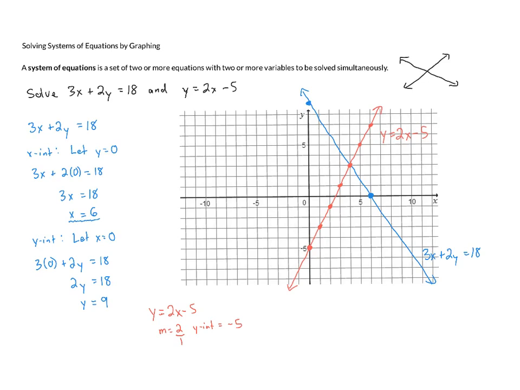All right. So this first graph represents all of the points that are solutions to 3x plus 2y equals 18. This second graph represents all the points that are solutions to y equals 2x minus 5. But we're solving this system of equations. We want a point that's a solution to both of them at the same time.